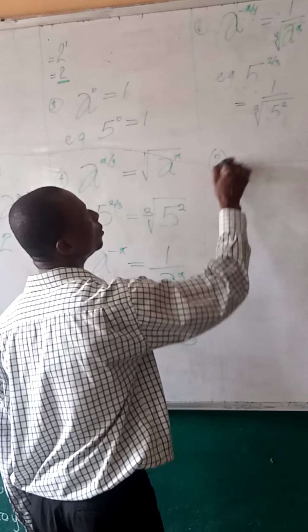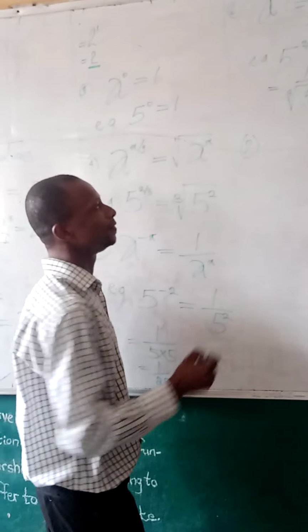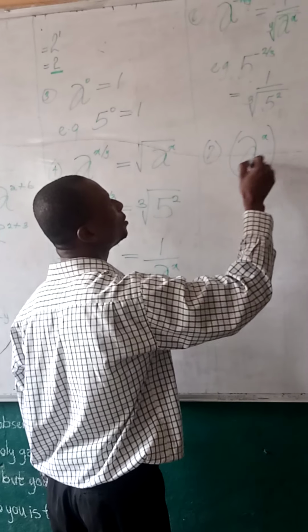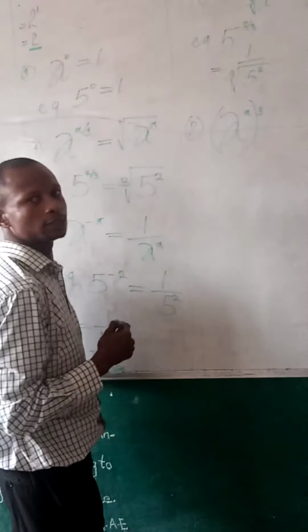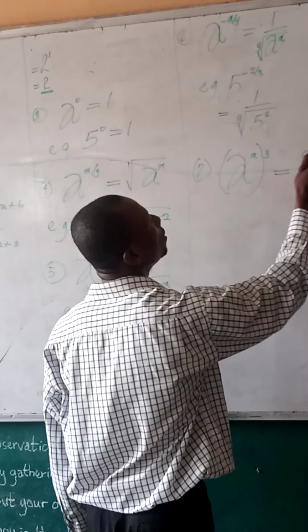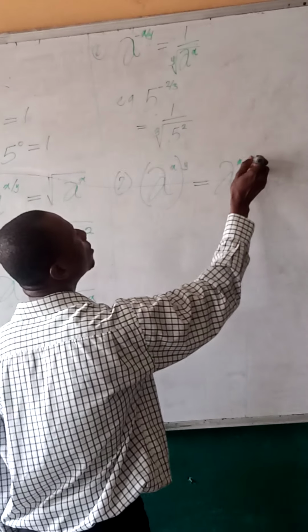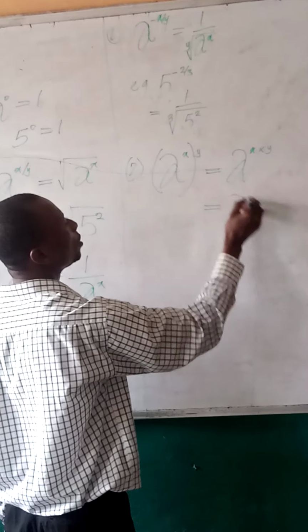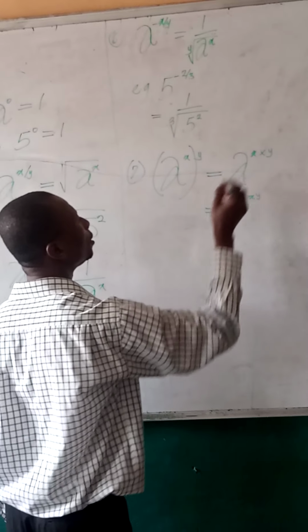The seventh one, which is the last law under indices, if you have a raised to the power x enclosed in the bracket with another power y outside, it simply means a raised to the power x times y, the product of the two powers, and finally becomes a raised to the power xy.